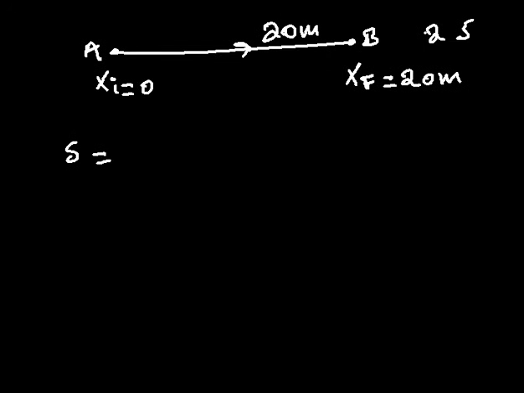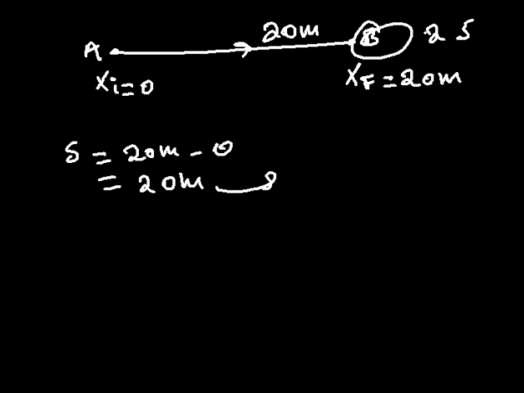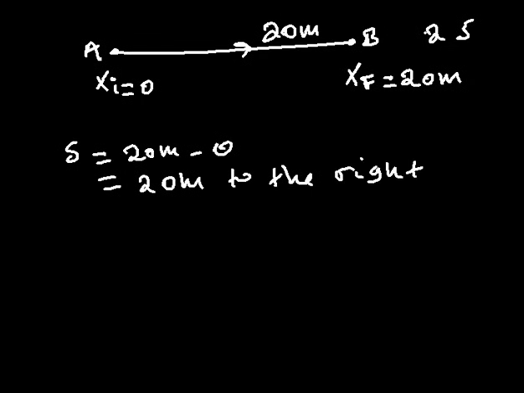So the displacement will be 20 meters, and it is 20 meters to the right, because the final position is to the right, since displacement is the distance with direction.